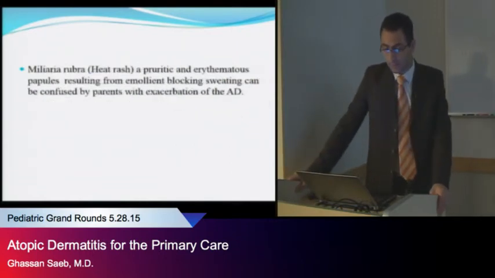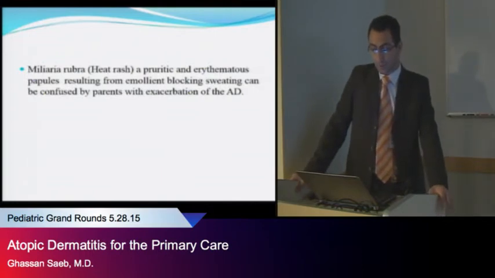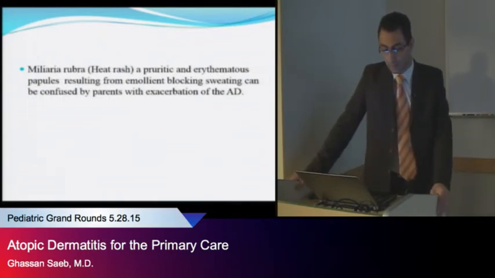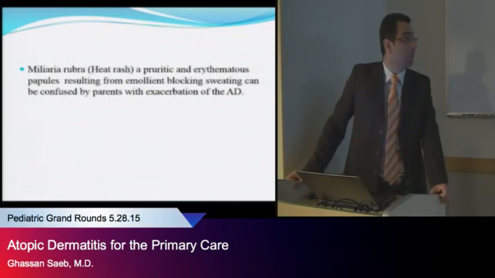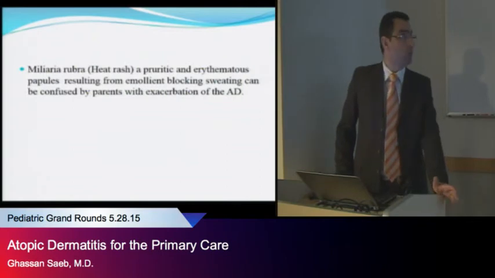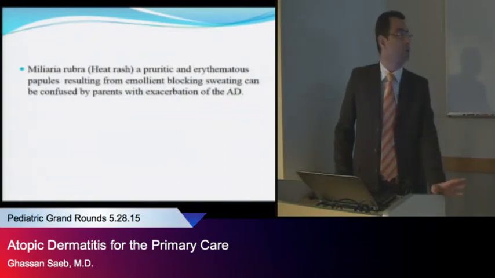Heat rash or miliaria rubra, pruritic and erythematous papules resulting from emollient blocking sweat glands, can confuse parents with exacerbation of AD. And these are more common with ointment or blocking agents.